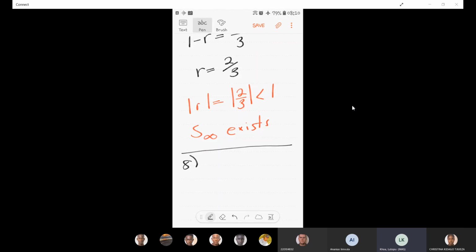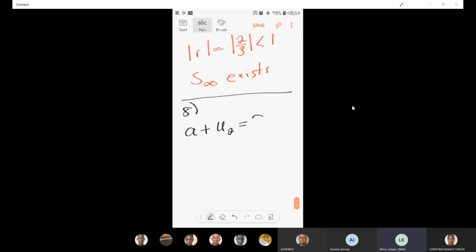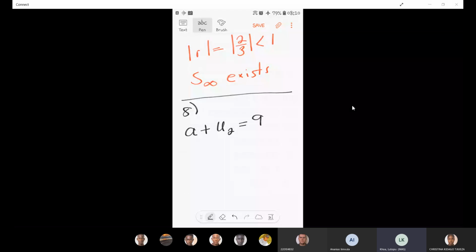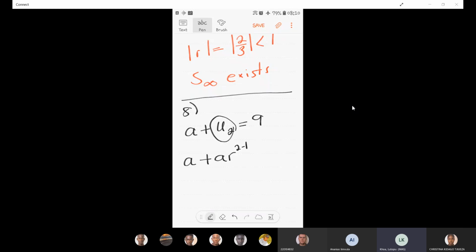So we write down the information we're given. We are told that A plus U2 is equal to 9. Now I can rewrite this where everything is in terms of A and R. Now I know the second term here, I can rewrite it as A times R. That is the formula, A times R to the power of 2 minus 1, but 2 minus 1 is just equal to 1.